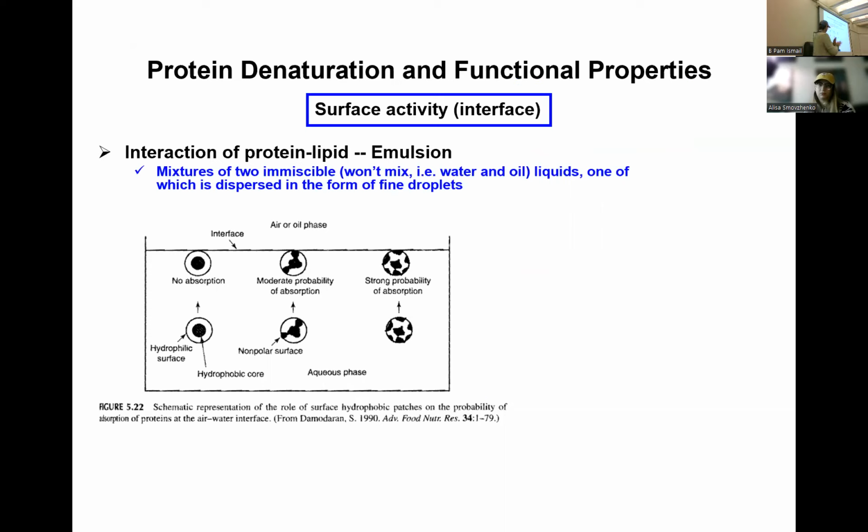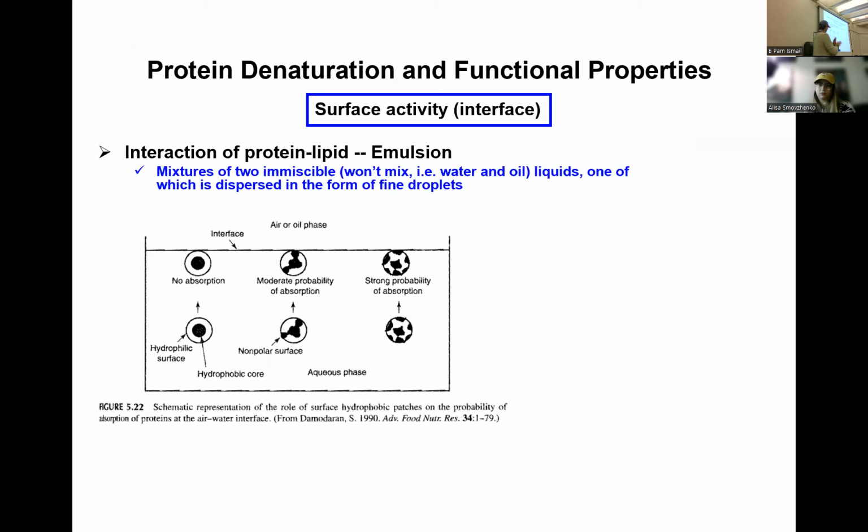When we talk about emulsions, we hear about the hydrophilic-lipophilic balance, or HLB.